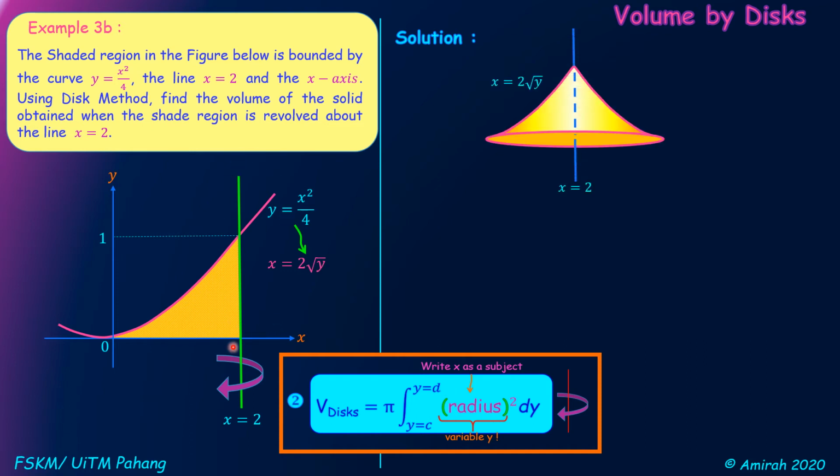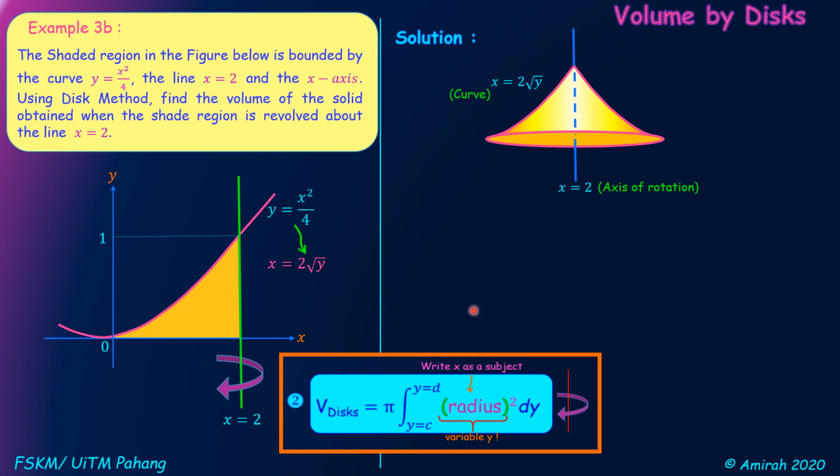After this shaded area is revolved about the line x equals 2, we get this diagram. This is the axis of rotation. This is the given curve.